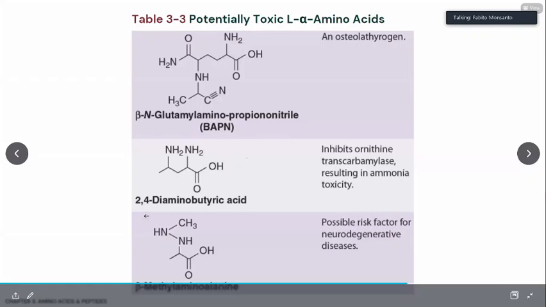Another one is diaminobutyric acid, which is an inhibitor in the urea cycle. So your urea cycle will not be working and ammonia intoxication will be formed.